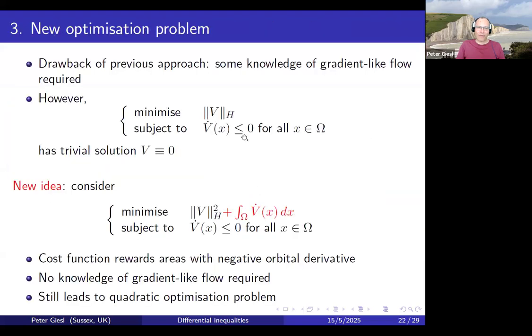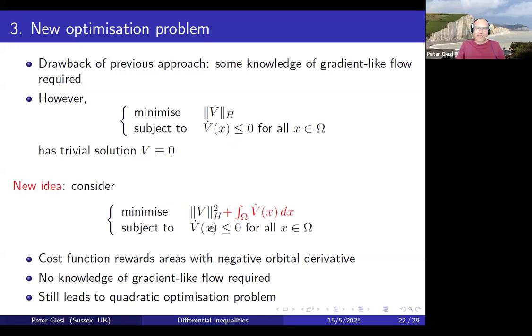As I said before, the first idea would be to just say we want v dot to be negative or 0, which requires no information. But as I said, the norm-minimal solution of that is just v equals 0, so it doesn't give us any information. So we want areas where v dot is really negative, and we want to reward that.